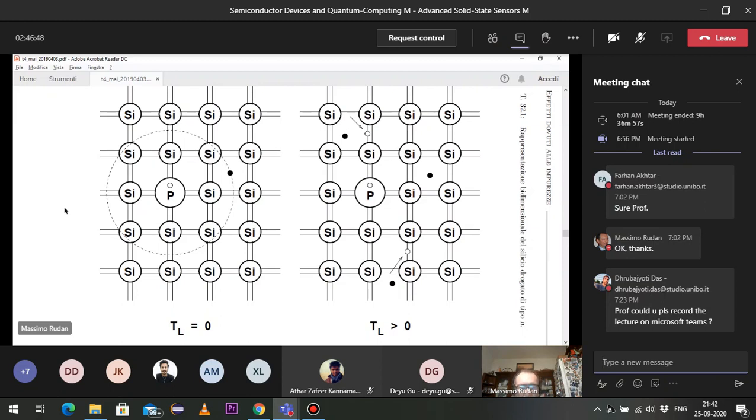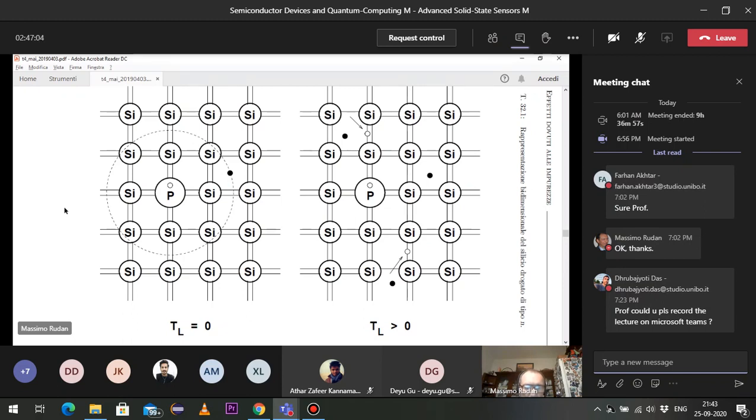Of course, the size of the phosphorus atom is somewhat different, so there will be a slight deformation of the crystal, and this is not shown in the figure. It is not considered here, okay?